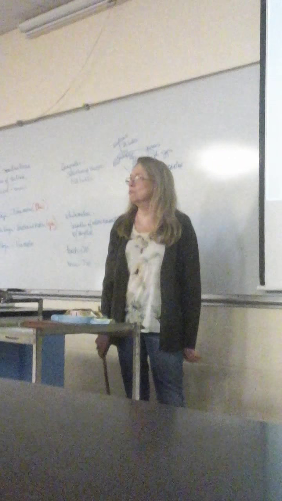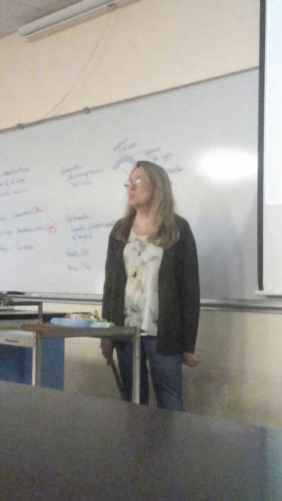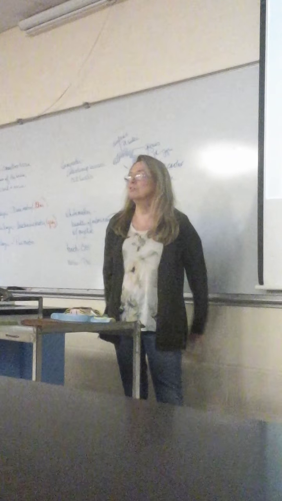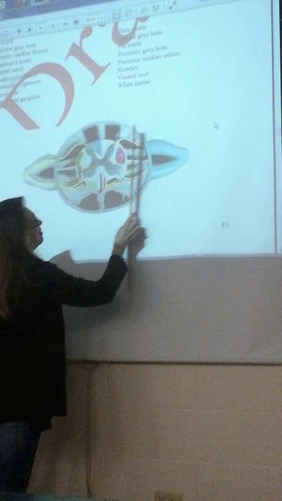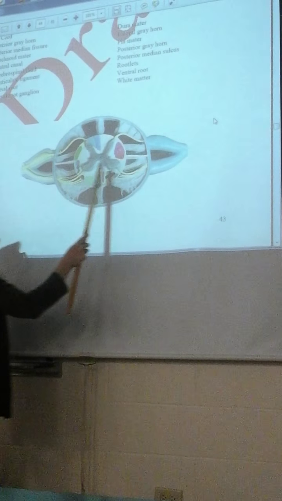On each side, you've got pairs of spinal nerves coming out, don't you? What are the holes that these spinal nerves are coming out of? Intervertebral foramen. Yes, intervertebral foramina. Now, essentially, from here out is peripheral. That's not in the spinal cord yet.